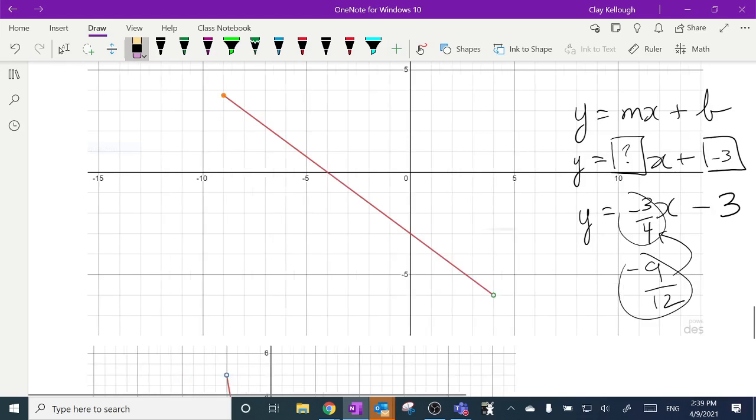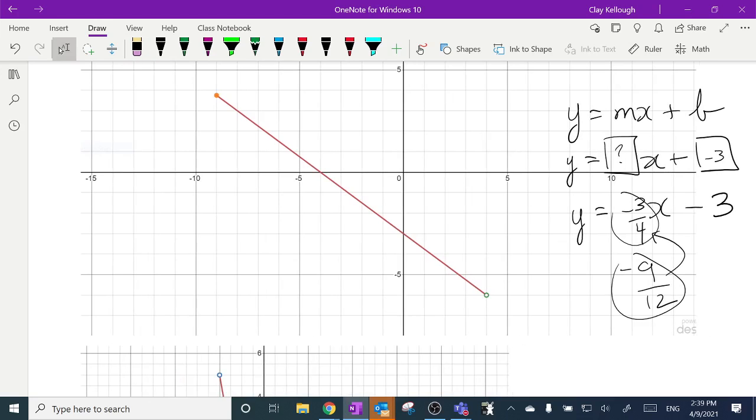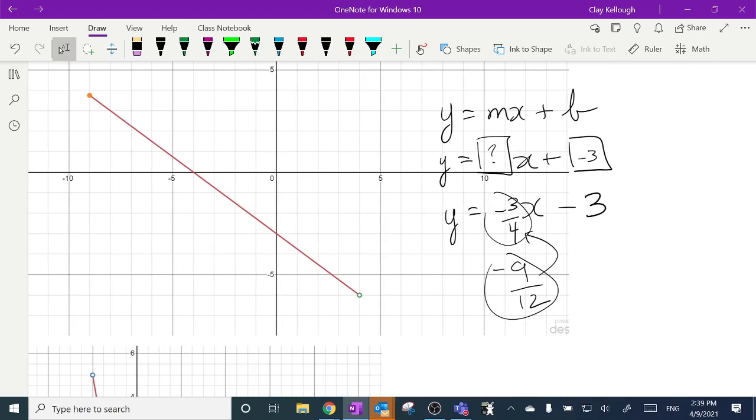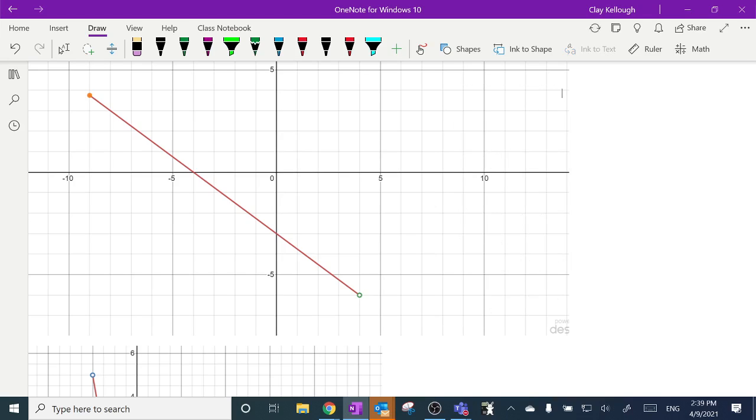I'll do it over here. Oh, I learned a new trick today. Ha! It saves me a lot of erasing time.